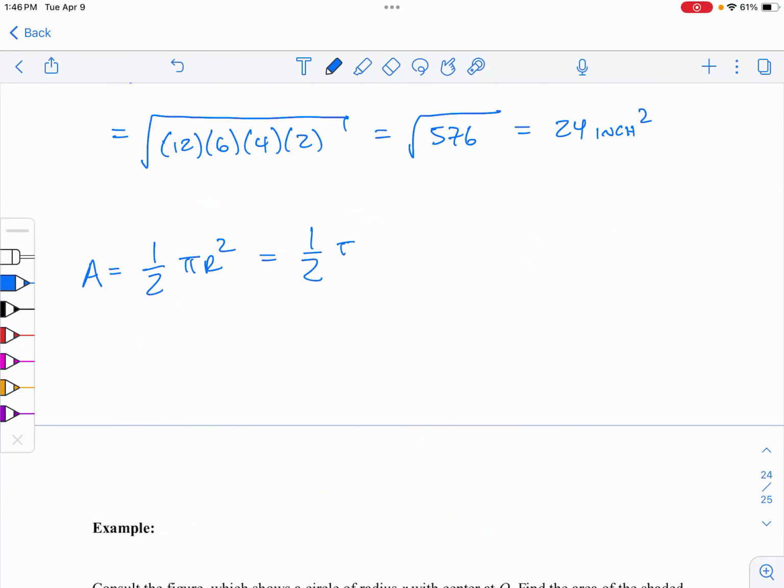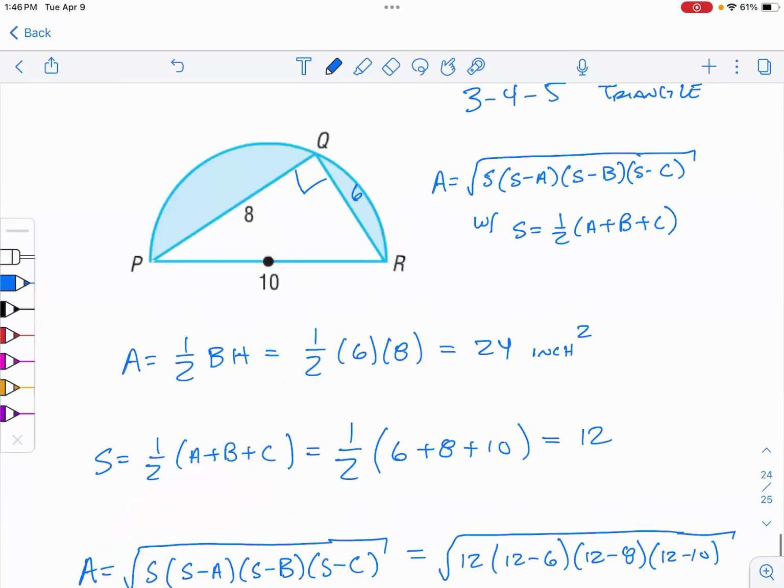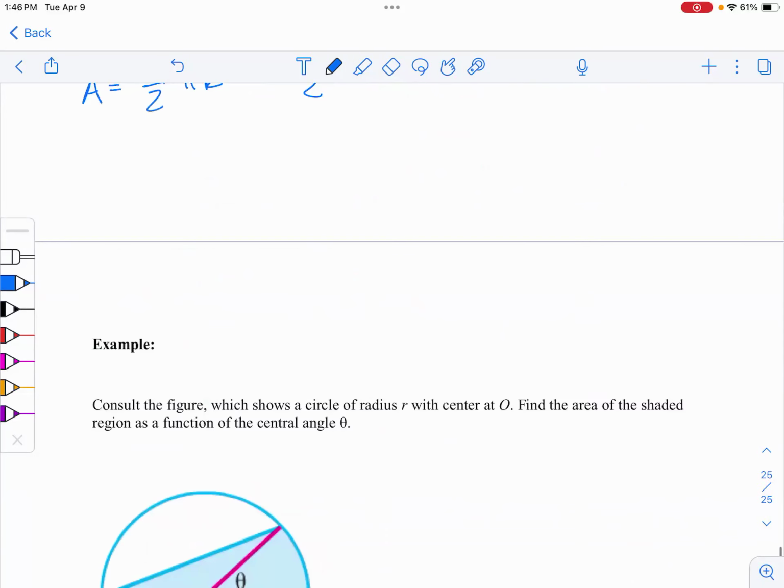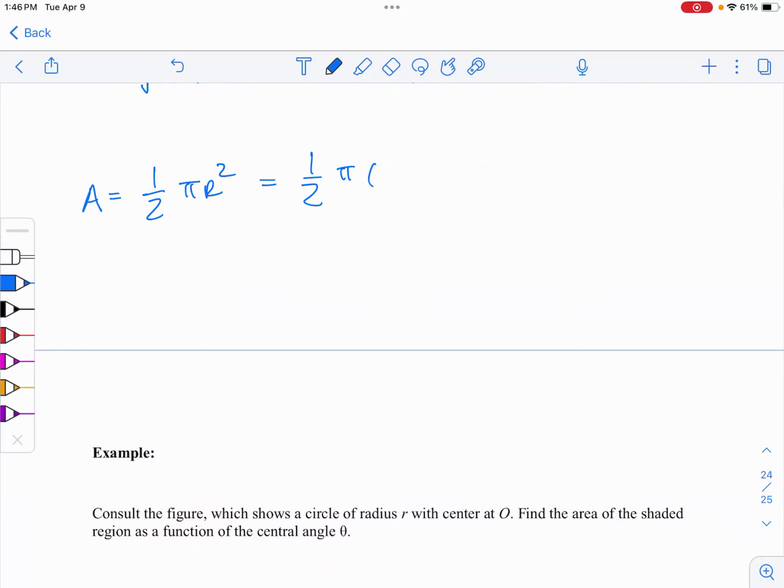What is the radius of this one? 5. Okay, we gotta let that catch up.